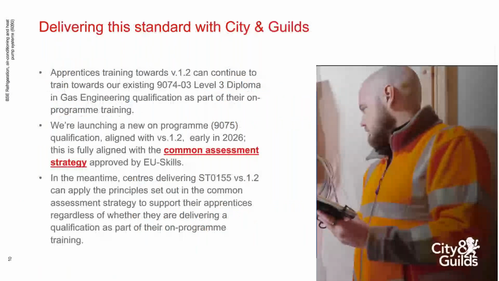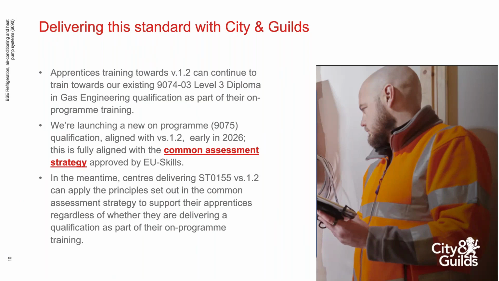Delivering the standard with City and Guilds. Apprentices training towards version 1.2 can continue to train towards our existing 907403 level 3 diploma in gas engineering qualification as part of their on-program training. We are launching a new program, the 9075 qualification, aligned with version 1.2, which should be available early in 2026.